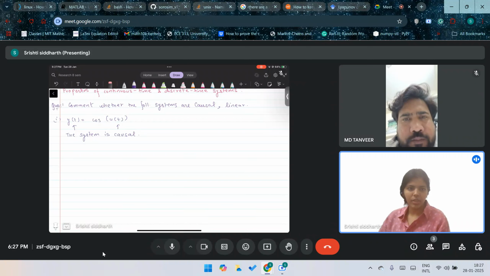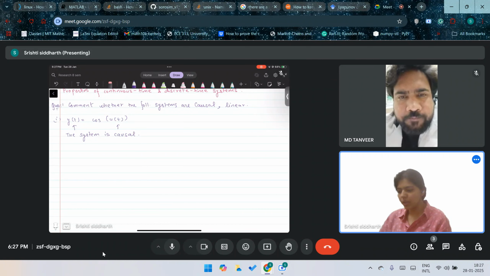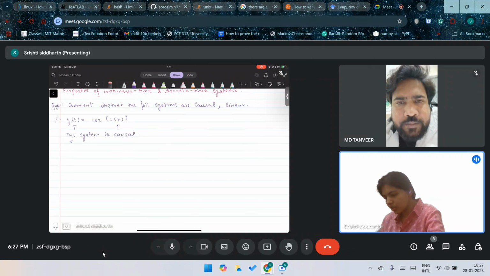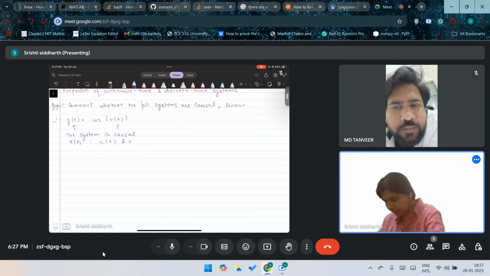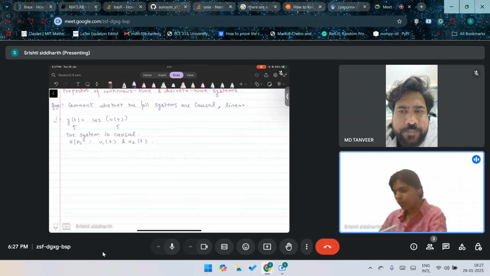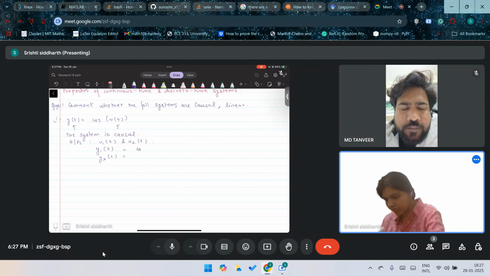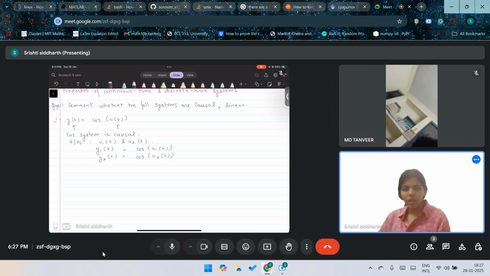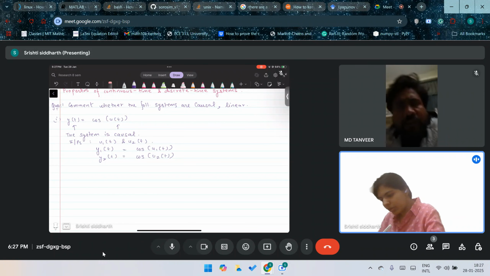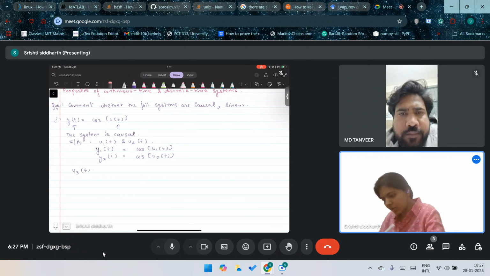And to check whether the system is linear, let's say that we have two inputs, u1 of t and u2 of t. The outputs due to these inputs are y1 and respectively y2. Then we have a net input, u3 of t, which is u1 plus u2.